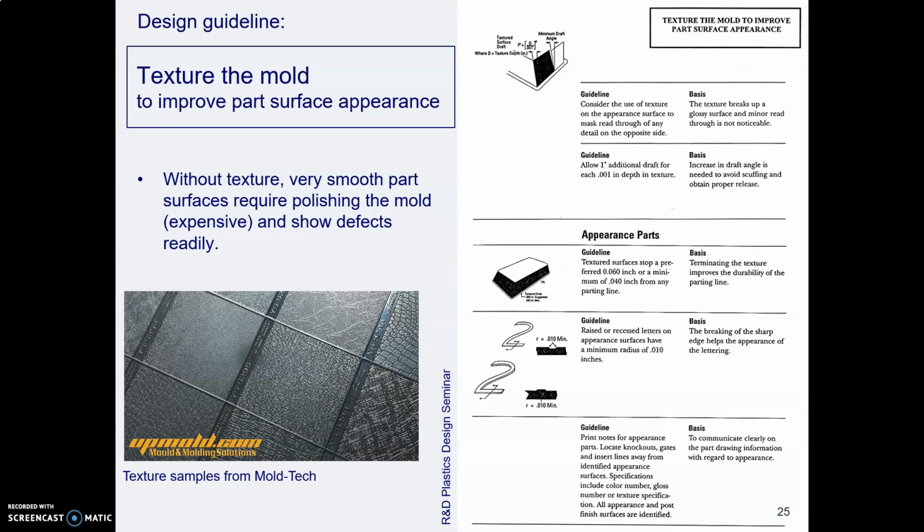Well, as an alternative, you can get your mold surface textured. Again, you have to send it to California, but it costs less than the polishing of the smooth mold. So this picture here is just a sample from one mold texturing company called Mold Tech. There are others, and I believe they use, and I forget the technique, it's like a pantograph in the old toy days.